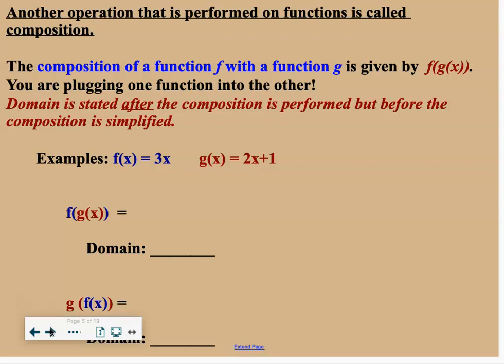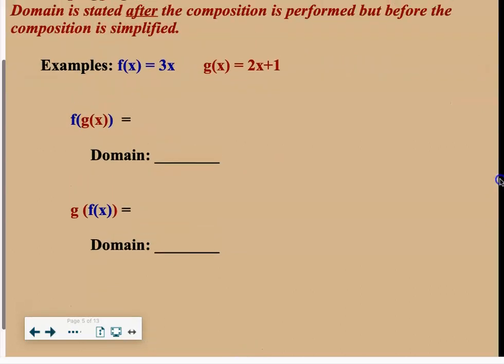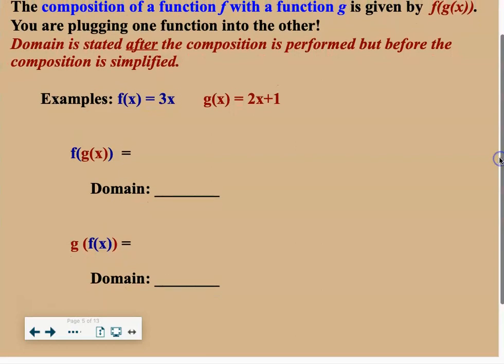We already did this a minute ago, but what I want you to do on your whiteboards is, if f of x is 3x and g of x is 2x plus 1, see if you can figure out f of g of x and g of f of x. Take a minute, work together, see what you can figure out. Don't have one person take over the whole thing.